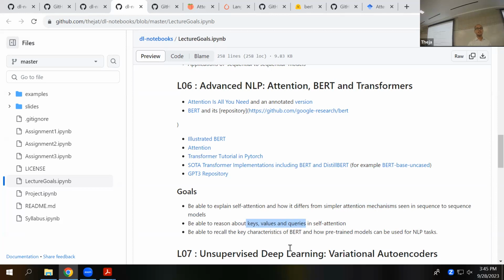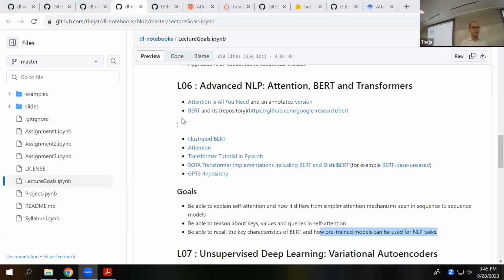And lastly, how can you use pre-trained models for NLP tasks? Again, this is just a baby step. This is not the state of the art. Today, if you go to model repositories like Hugging Face, you'll see what is called a model card, with a lot more information on how to use such pre-trained models. Here we're just looking at something very basic, but it's a good exercise. So that's the goal.